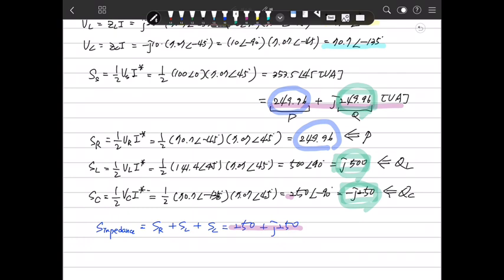So anyway, the complex power supplied from the source is exactly the same as that consumed by the impedances R, L, and C. Therefore, complex power is conserved.